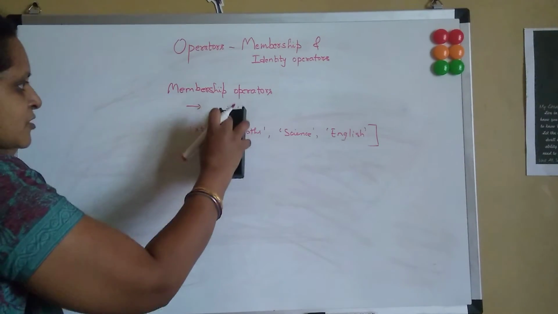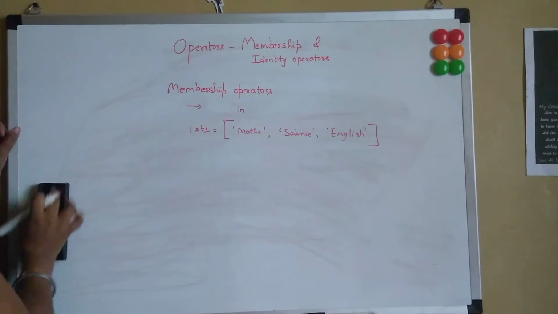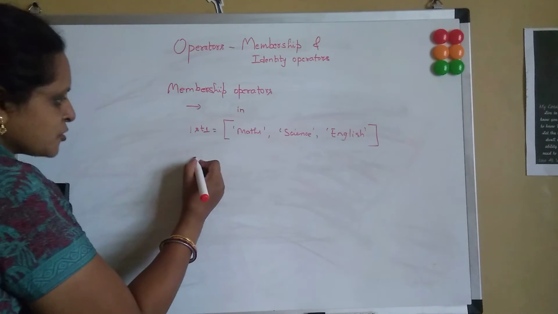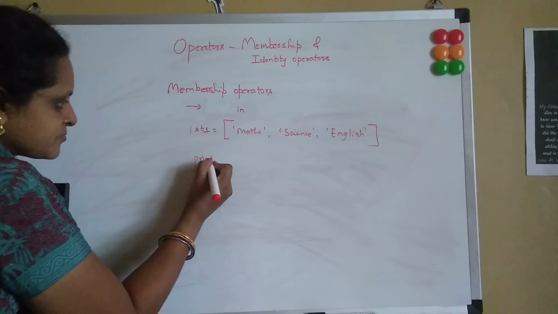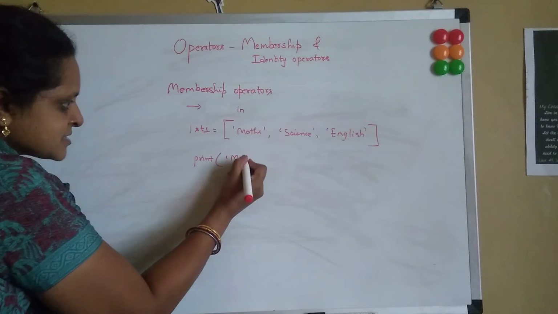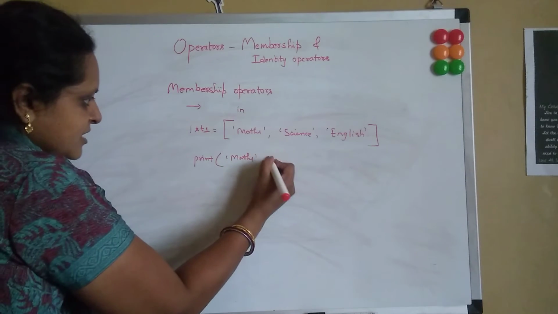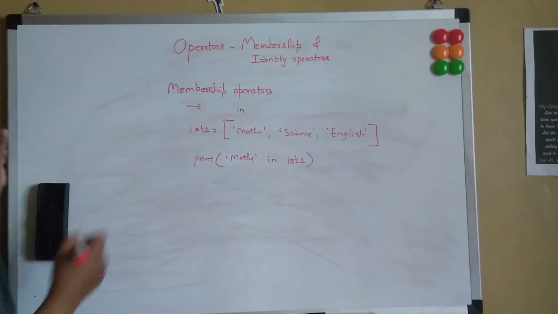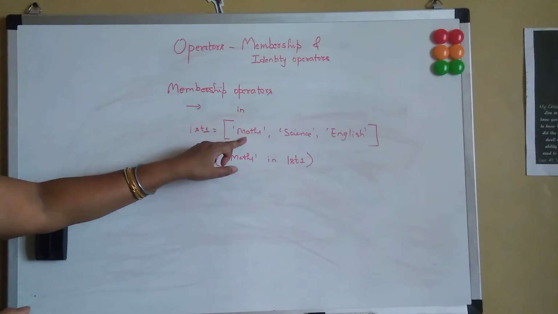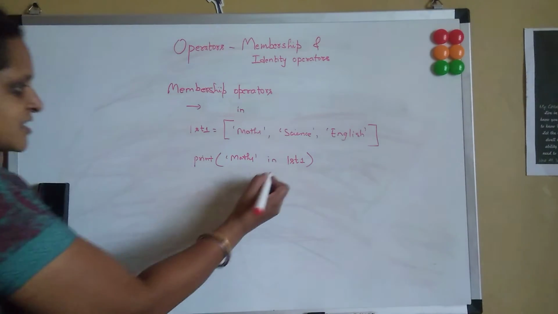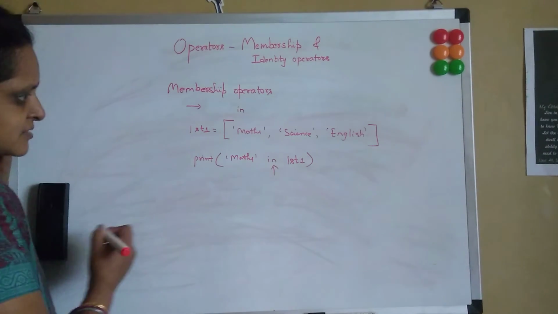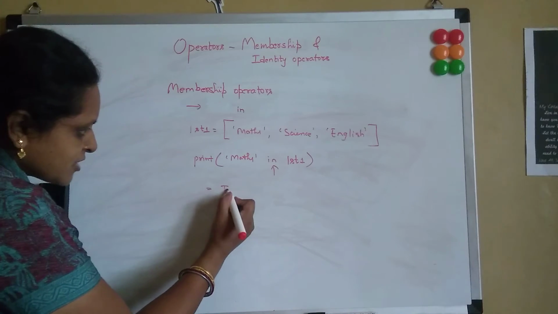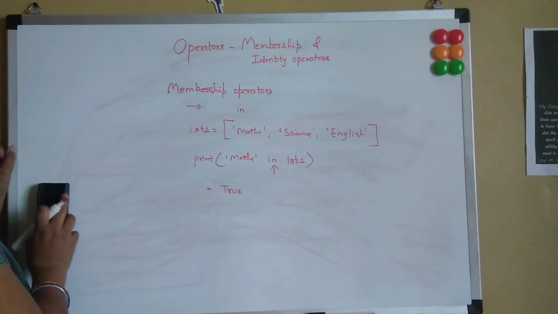Now I'll see the in operator. So print "maths" in LST1. Here maths is present in the list LST1. In is the membership operator, so it returns the Boolean value true.